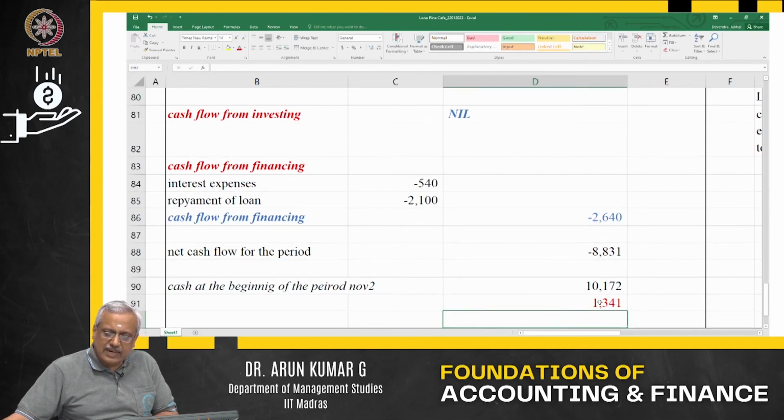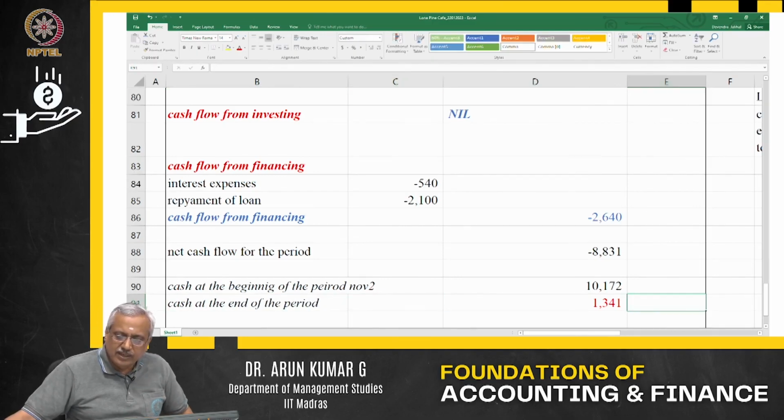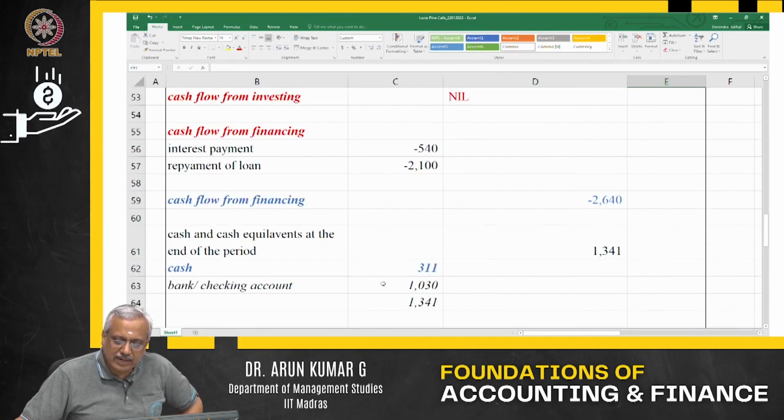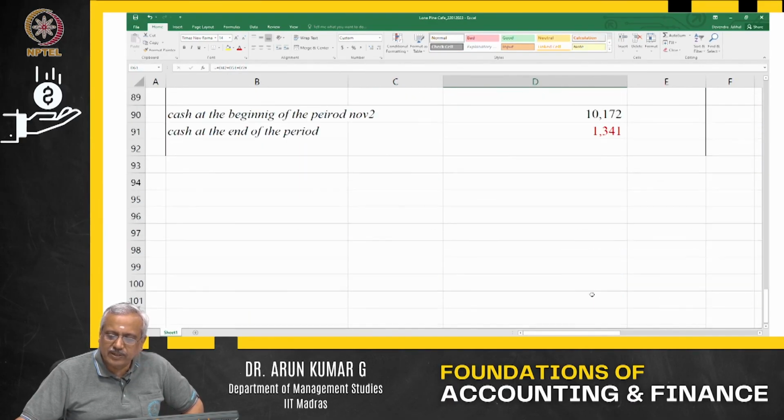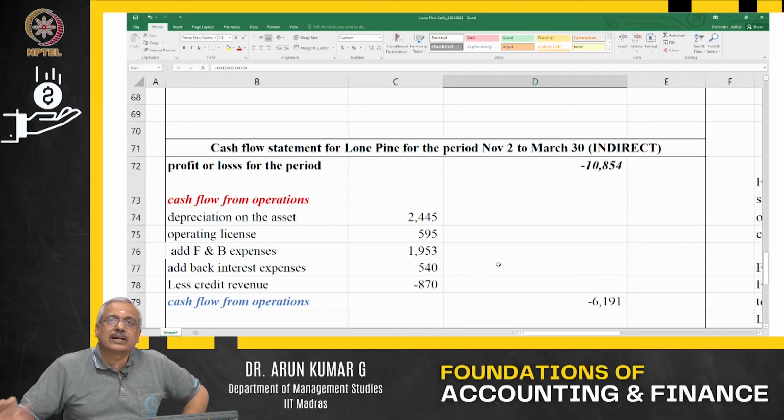It will be 1341, which is what we arrived at. How is it 1341? We got the same amount out here. This is what we call the indirect method of preparing a cash flow statement.